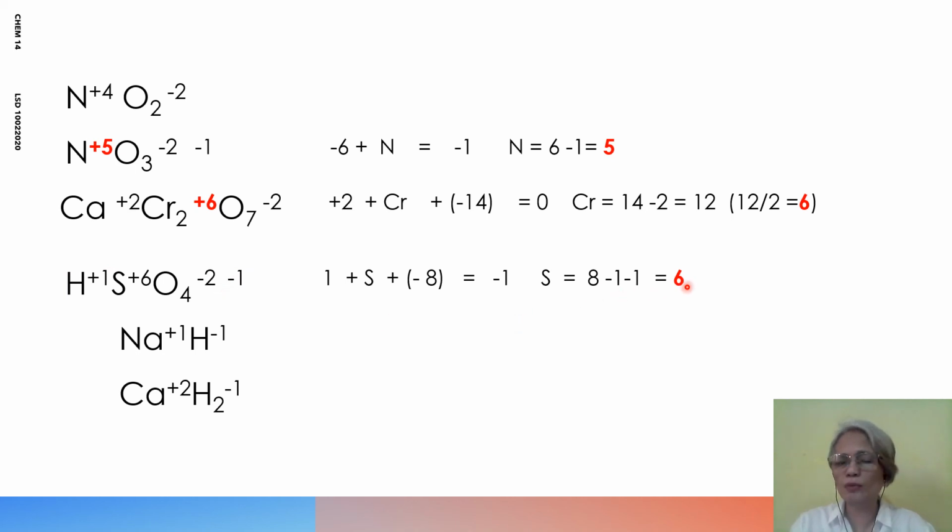And therefore, sulfur is positive 6. So that if you add this, there should be a sum of negative 1. So positive 1 plus positive 6, that's positive 7. Negative 2 times 4 is negative 8. Negative 8 plus 7 gives us negative 1. Okay? So this one, hydrogen is the more electronegative element, and thus is assigned a negative 1 oxidation state. Okay? So I hope that is clear to you.